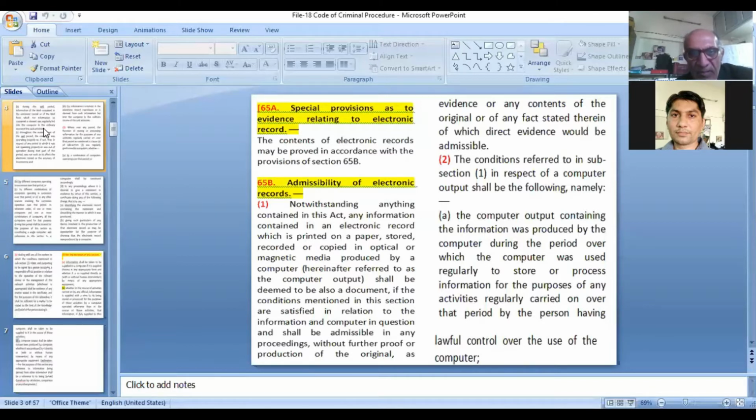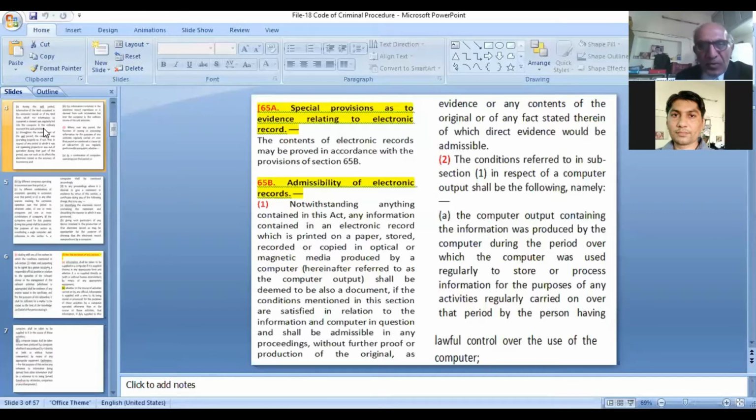The word media, as magnetic media, as optical media, is an attempt to cover how the electronic record can be reproduced, can be carried, can be stored.